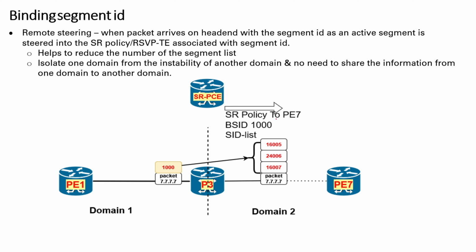Let's say for this policy which is going towards PE7, we have configured the binding SID as 1000. And this SR policy is going via this path. So this is the SID list.